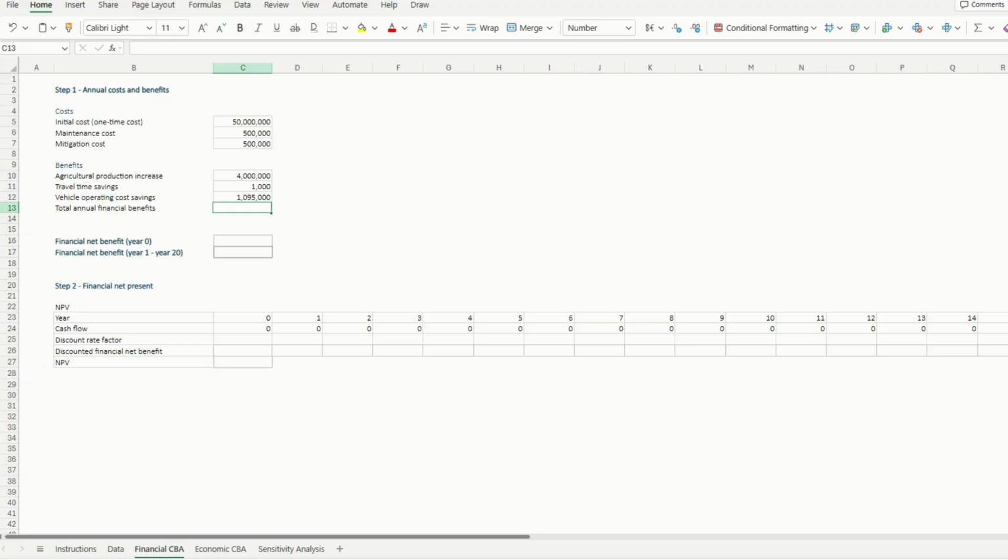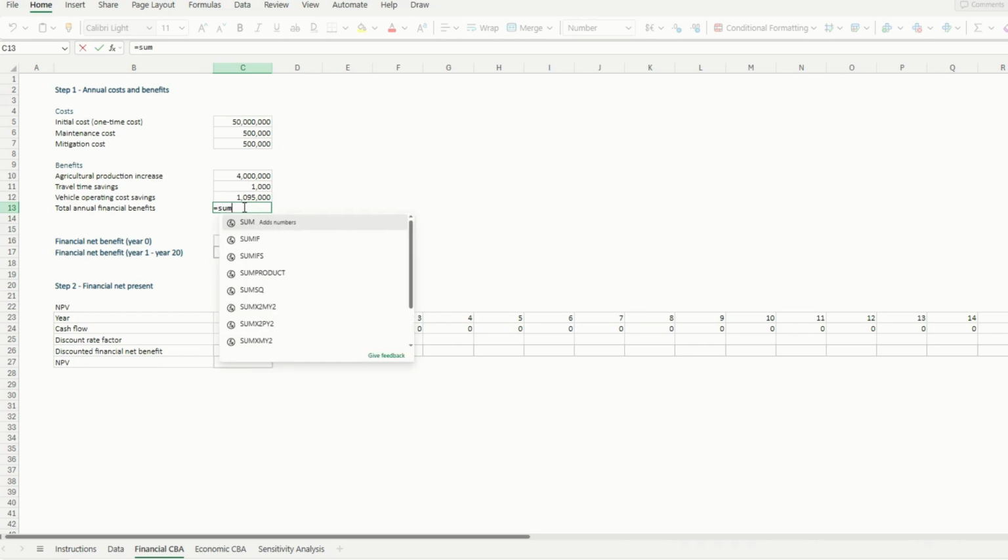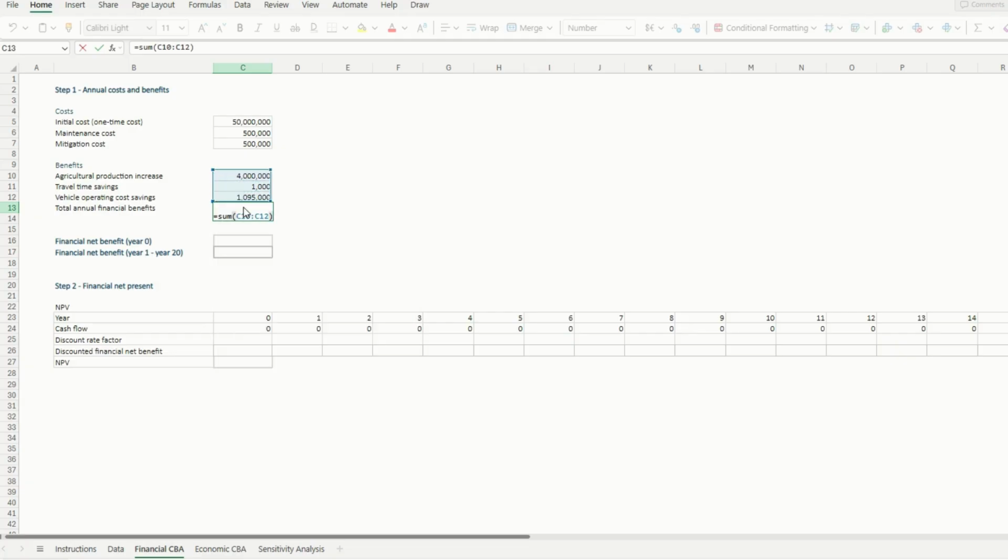Now that we have identified the costs and benefits, we calculate the annual net benefits and then discount them to today's value. So before, let's just add up the financial benefits. For year zero, it's just the construction cost. It's a large outflow because there is no benefit in year zero.